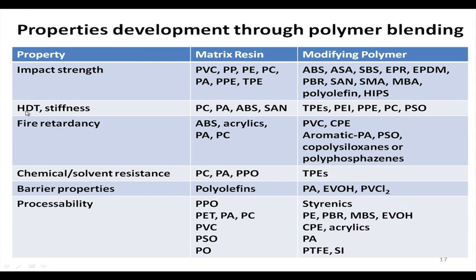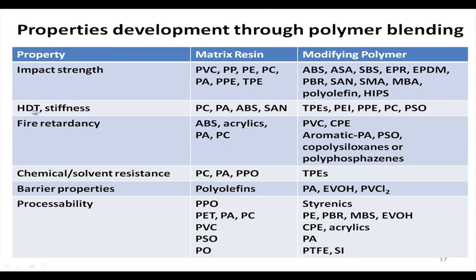Heat deflection temperature or stiffness. This heat deflection temperature means the polymer should remain dimensionally stable at elevated temperature or in a thermal environment.